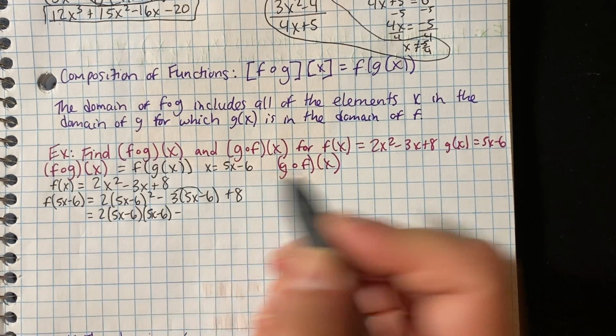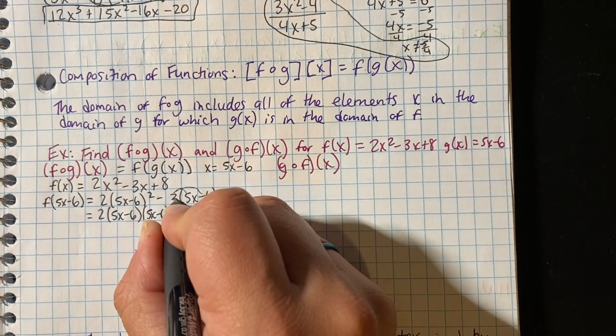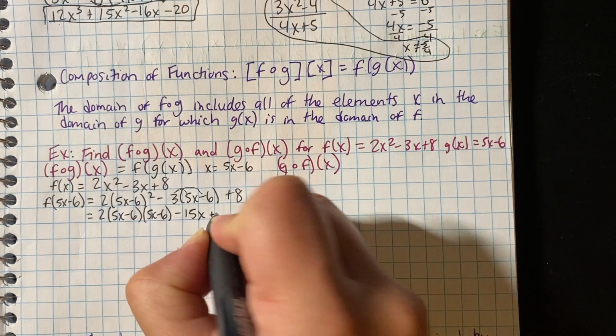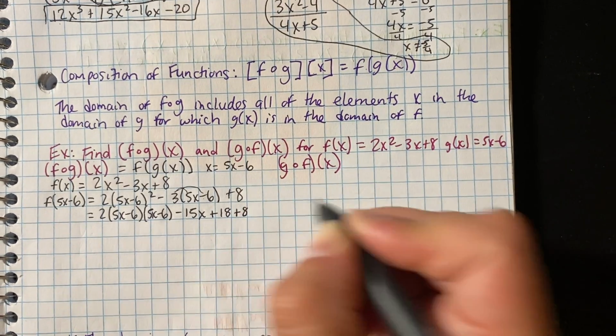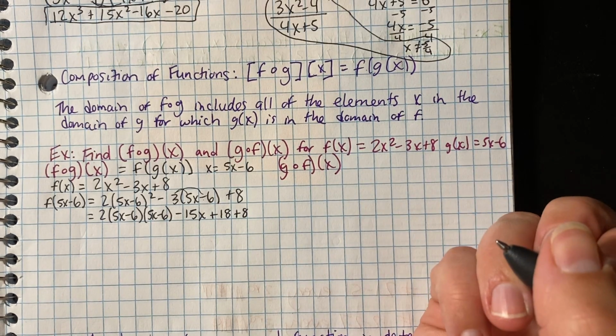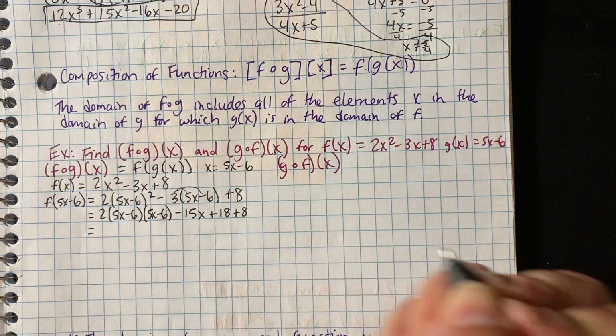Okay, I'm going to distribute that now, so I'll have 15x, negative 3 times negative 6, so that's going to be a positive 18. Plus, I decided to do this rogue without my calculator, so that adds today to that.